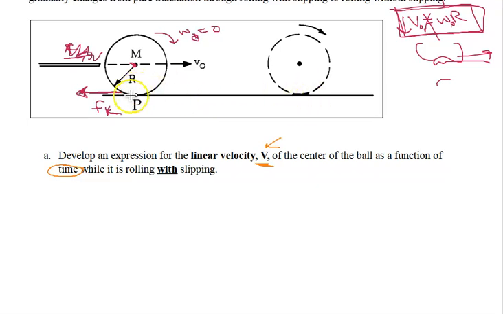Energy isn't conserved because we have the sliding friction, but another big hint is, we have time. And time could be power, work and energy, or it could be impulse and momentum. You could do this with impulse and momentum, but that would be tricky.